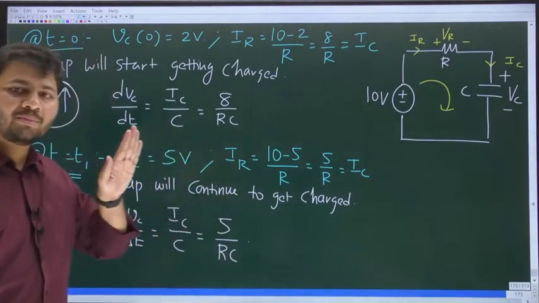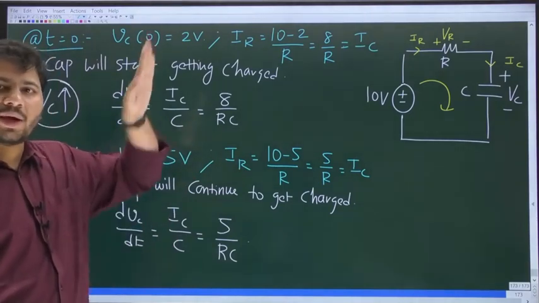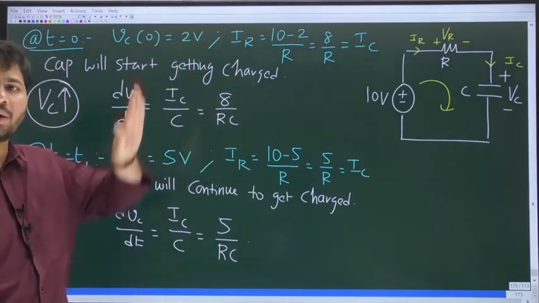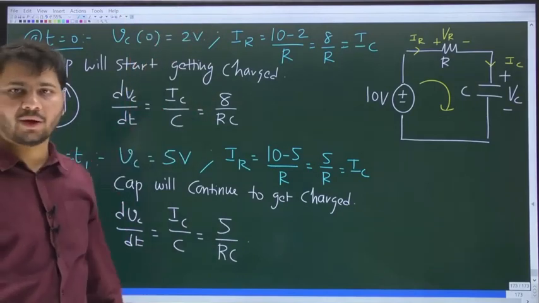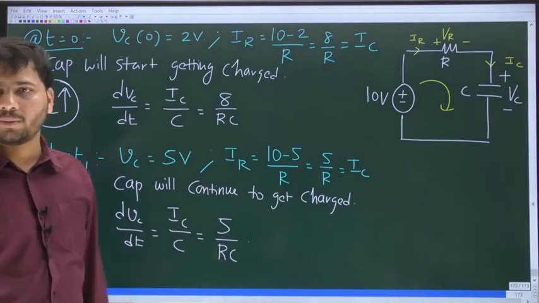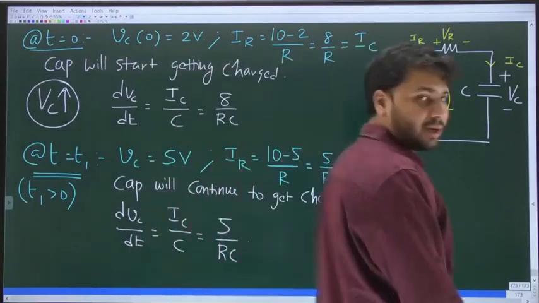So initially Vc increases at a much higher rate, then the rate of increase will decrease. From 8 by RC it becomes 5 by RC. That is the rate of increase. Okay, clear so far?